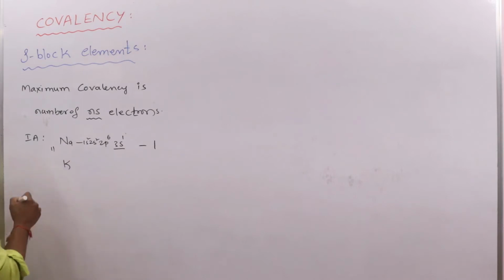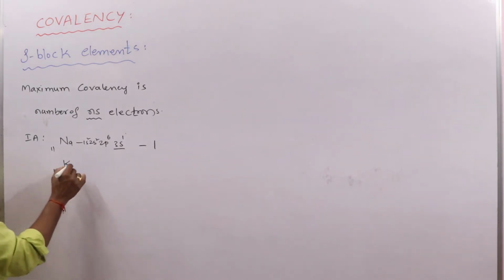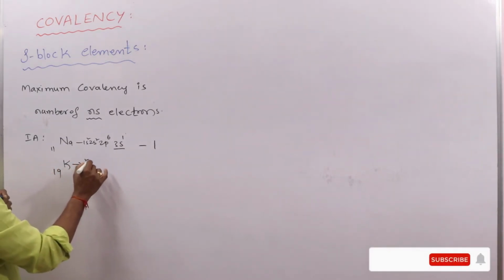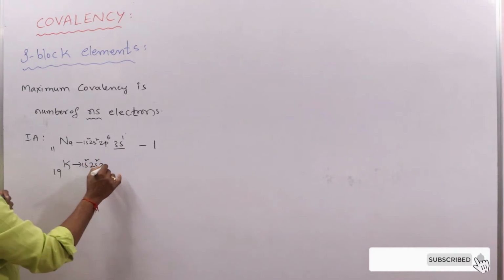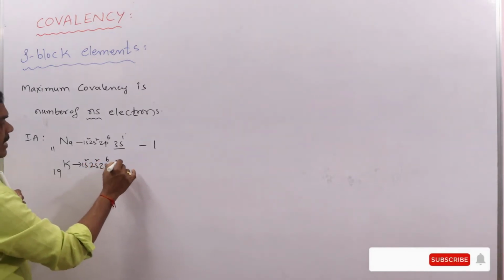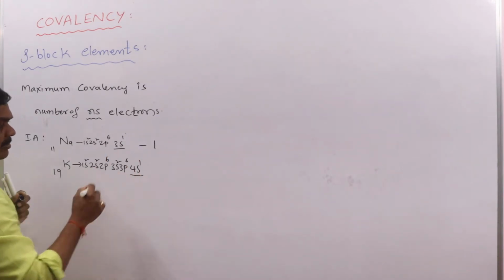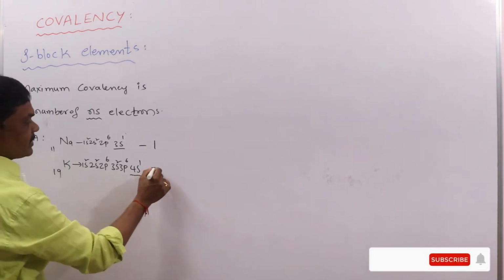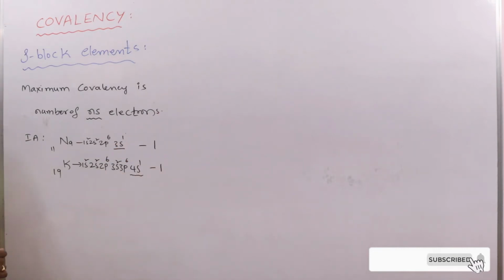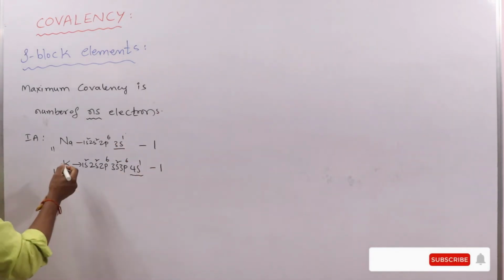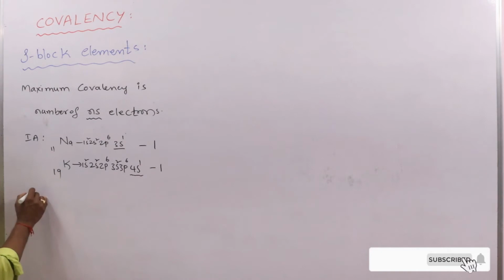Say for example, potassium: atomic number 19, electronic configuration 1s2, 2s2, 2p6, 3s2, 3p6, 4s1. This is the outermost electronic configuration. So what is the covalency? Covalency 1.